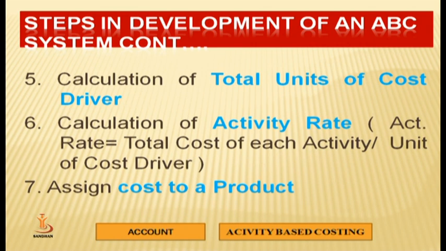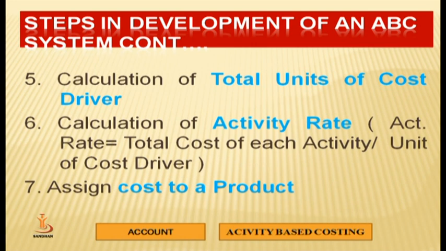And the last step, step number 7, is to find out the cost of a product. Up to 6 steps we have calculated the cost of a product, only the overhead cost. But you know that overhead cost is not the only component of a product.